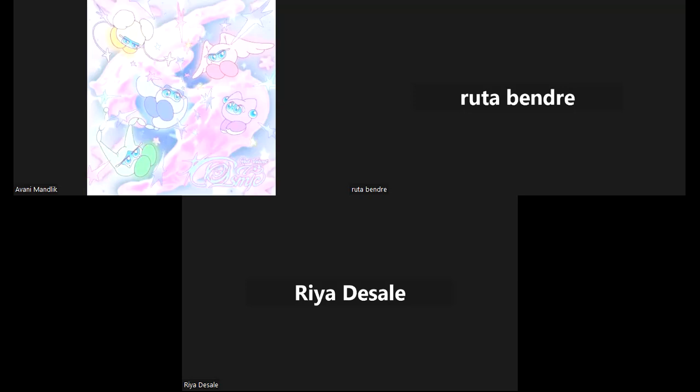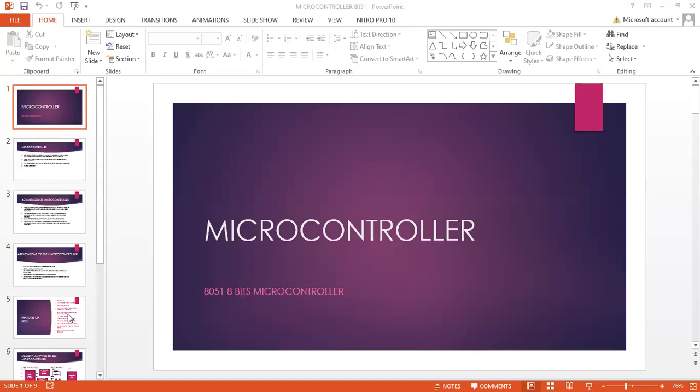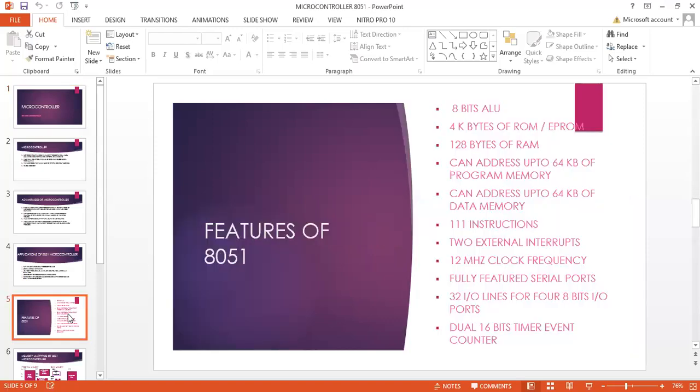Then it has 4 kilobyte of internal ROM or EPROM. Then it has 128 byte of internal RAM. Then it has dual 16-bit timer event counter. Then it has 32 IO lines, that is input output lines.